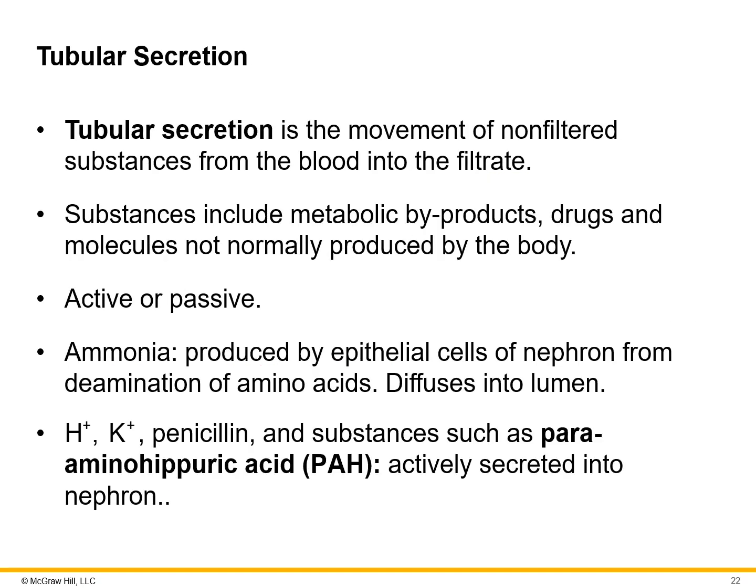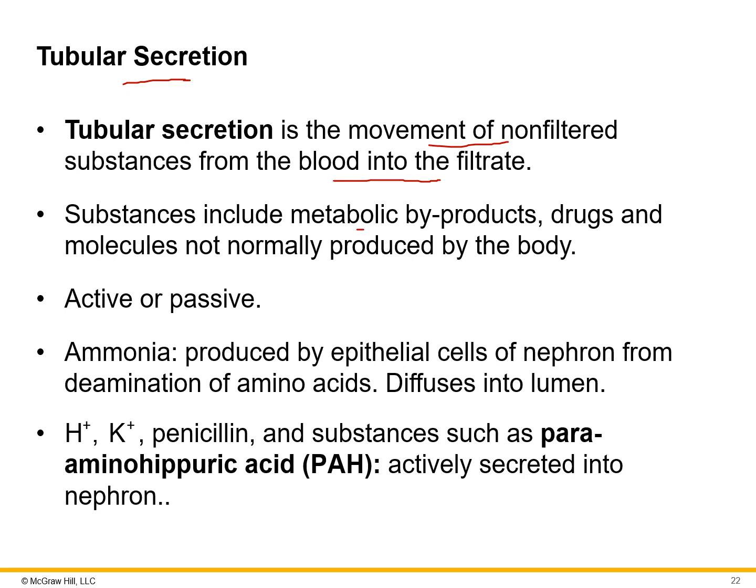And then tubular secretion, as we round out our urine production. Tubular secretion is the movement of non-filtered substances from the blood to the filtrate. So it wasn't filtered out of the blood, but now it's going to be secreted into the filtrate.